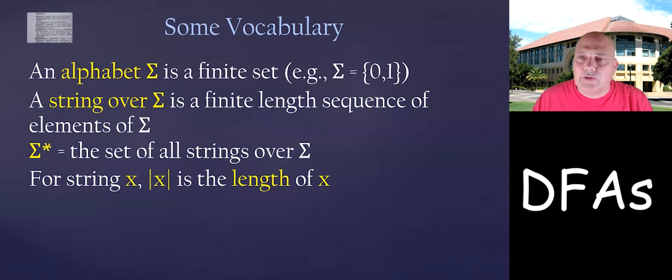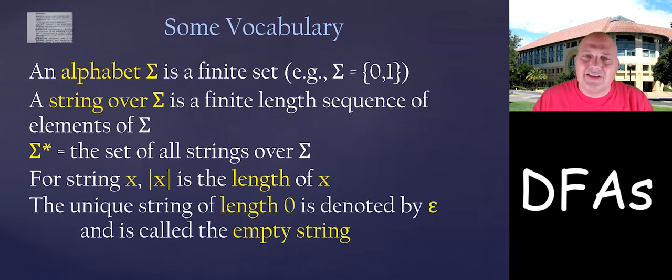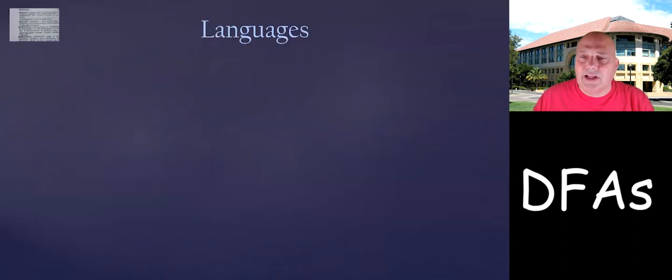For a string x, we may want to talk about its length. We'll denote it by the absolute value of x. It's going to be the length of x. And the unique string of length 0 is denoted by epsilon, and is called the empty string. Now let's talk about languages.